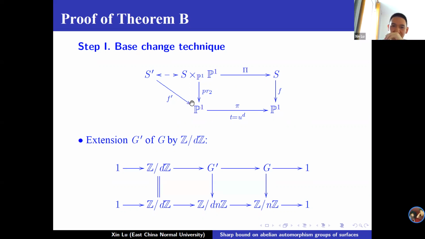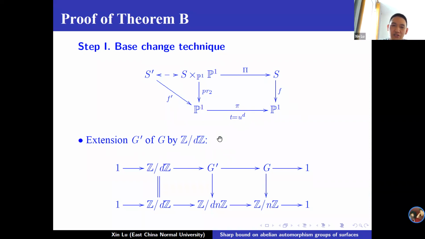And after this base change, one can lift this automorphism group G on S to an automorphism group G prime on S prime. On this S prime, we will get an abelian automorphism group, which is just the extension of G by this G mod dz. Here it is just the base change of degree d.